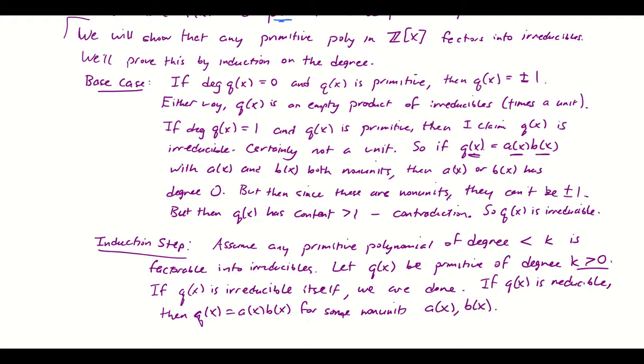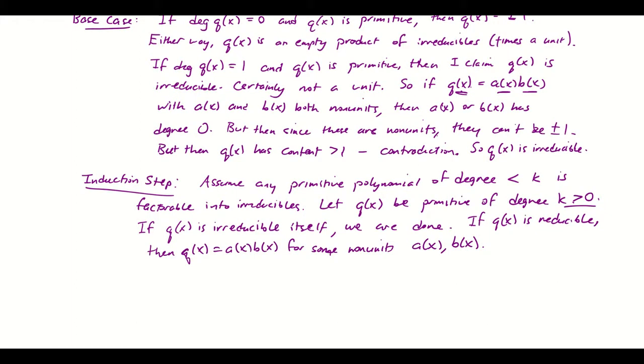And now we're going to run the same argument that we did with degree 1. If either of these had degree 0, we'd have a contradiction.